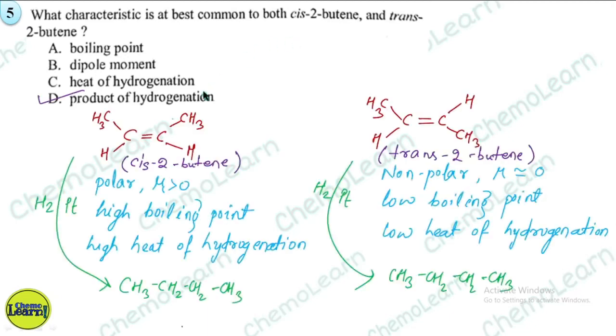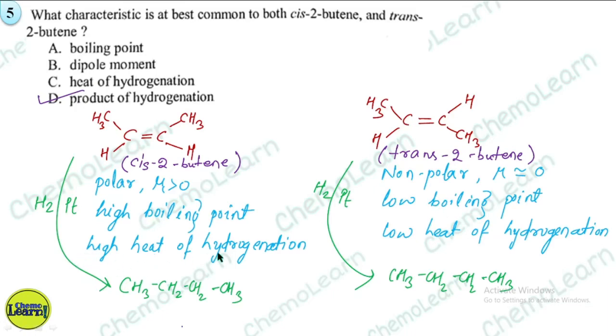So this is our cis-2-butene and this is trans-2-butene. CH3 groups are on the same side here, and here they are trans. This compound is polar and here our mu, that is dipole moment, is greater than 0, but the other is non-polar and dipole moment is roughly equal to 0. One has a high boiling point and the other has a low boiling point.